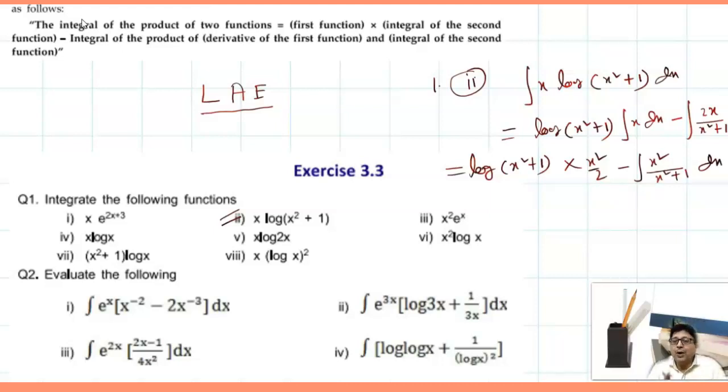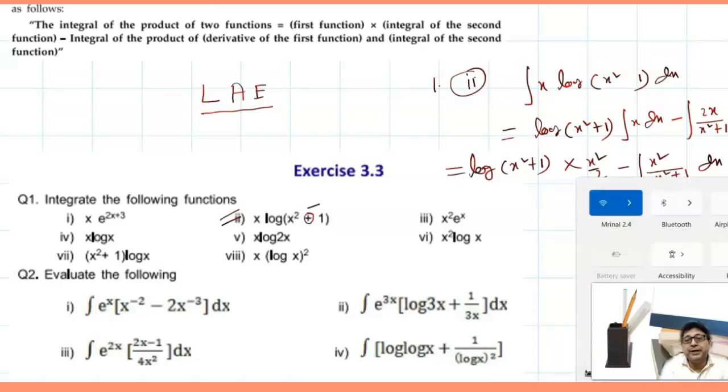Okay? One mistake NCERT has made, I'll tell you, and I change the sum accordingly. If it is x square plus 1, as I told you earlier, it will not be in your syllabus. So NCERT has made a mistake here. This part will be a minus sign. So I am changing it to minus accordingly, otherwise we won't be able to complete the integration here.